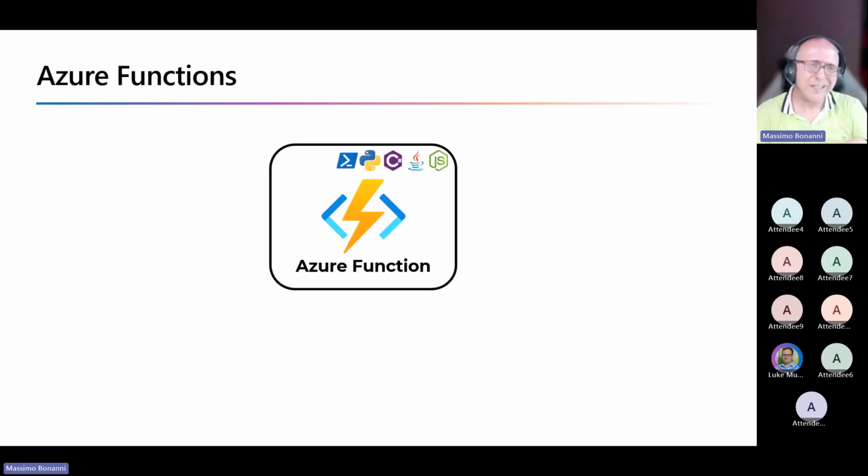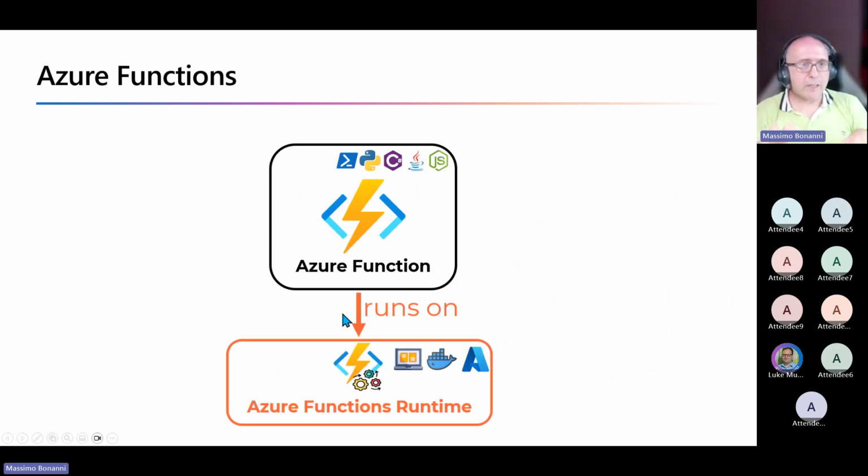For example, Go is not the best way because there is a communication using gRPC between the two components. So if you want to use functions, I suggest choosing one of these native languages: C#, Java, Python, Node.js, PowerShell. It's enough, I think. Okay. Your function runs on a runtime.